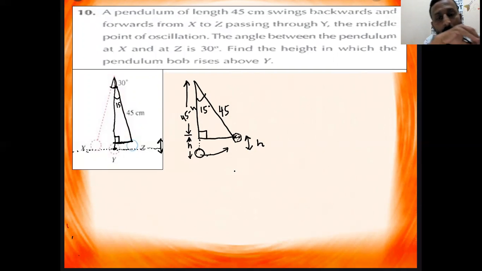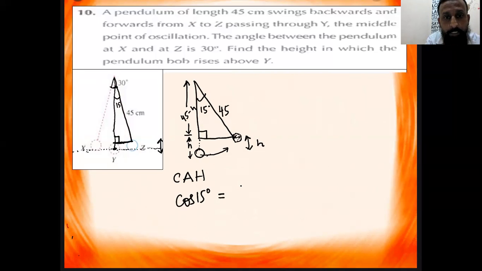Okay. Now you can calculate the value of this h. How? The adjacent value is seen there in the figure. The hypotenuse value of the triangle is also shown to you. So you can apply CAH, that is cos of the angle 15 degrees is equal to adjacent 45 minus h upon hypotenuse 45.